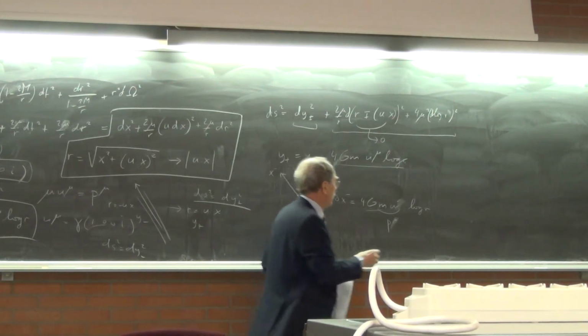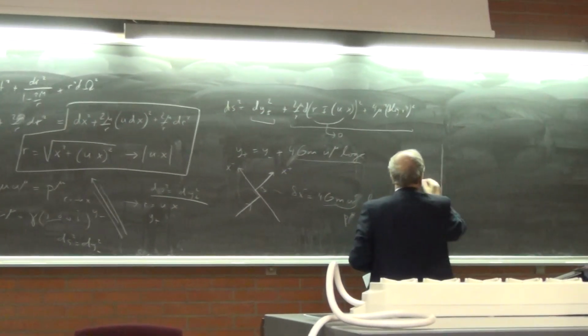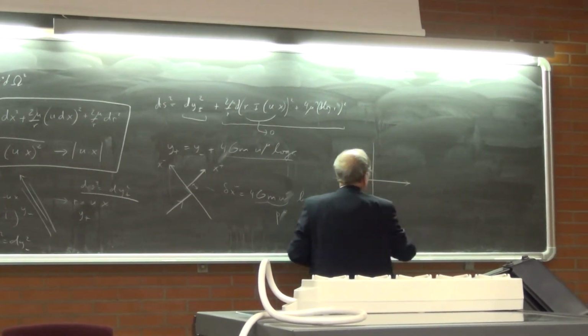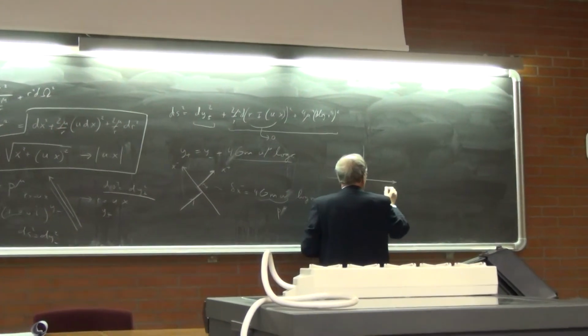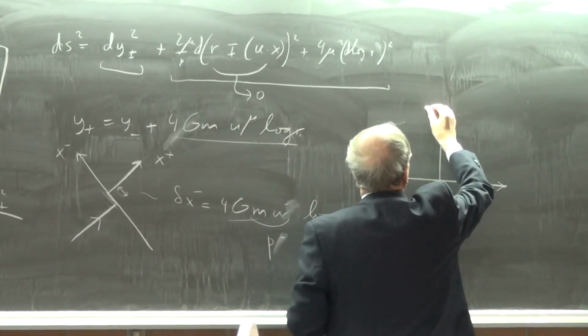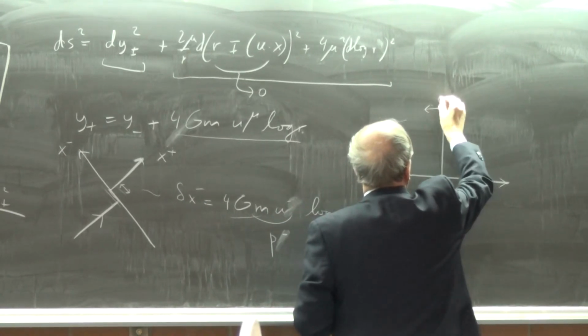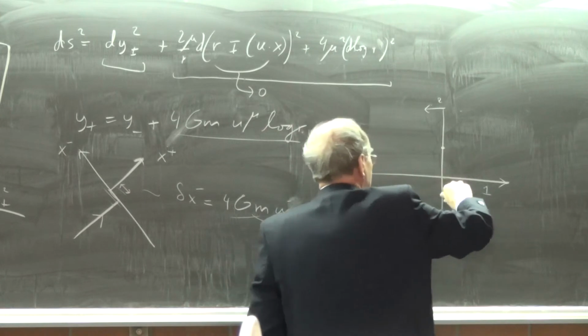So now I can give you the plot here. Here a particle moves, again in a different picture. Here I see a particle moving to the right. Here particle 1 moves to the right, particle 2 moves to the left. Here, particle 2, and the shift is a logarithmic function.